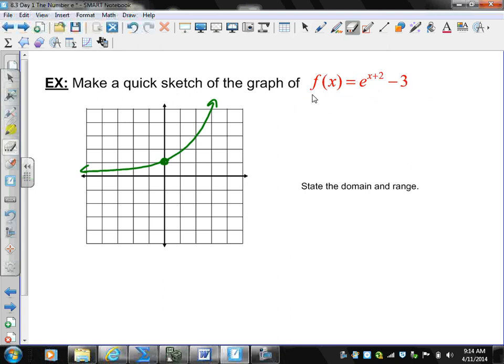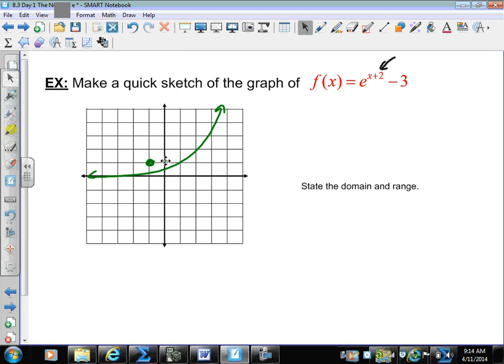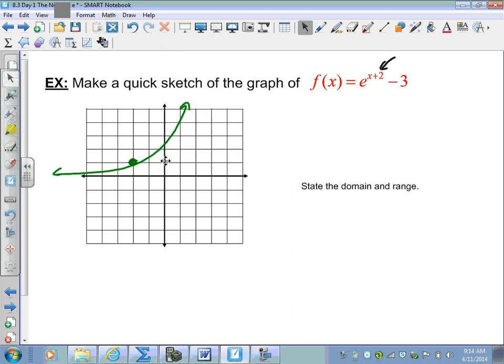Okay, so what happens with our function? Because of this plus 2 inside the exponent, that's going to shift it what way? Well, it's inside the exponent, it's horizontal, it's the opposite of what it looks like. So this is going to go left 2. So I'm going to grab the point itself, and the point goes left 2, and then I'm going to bring the whole function along with it. Okay, what happens next?